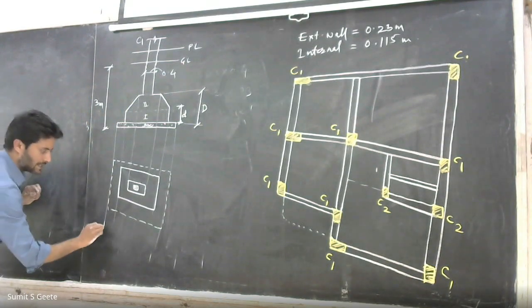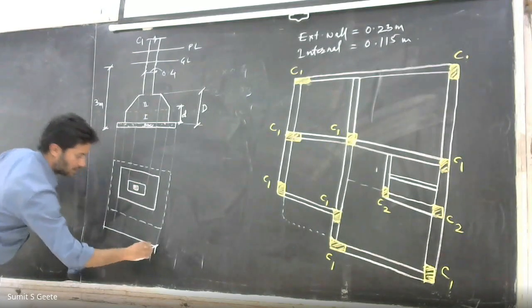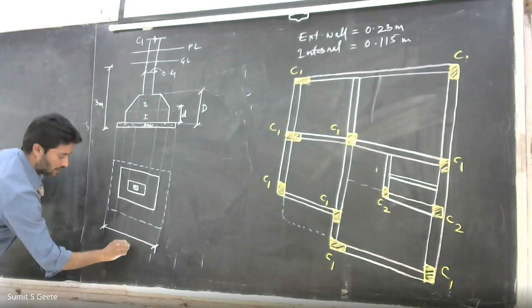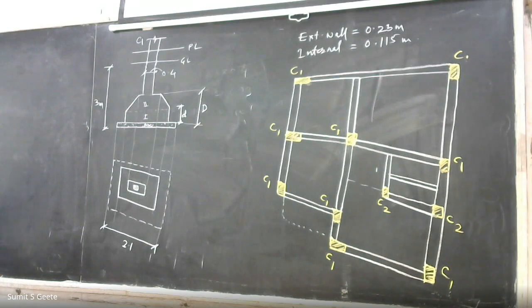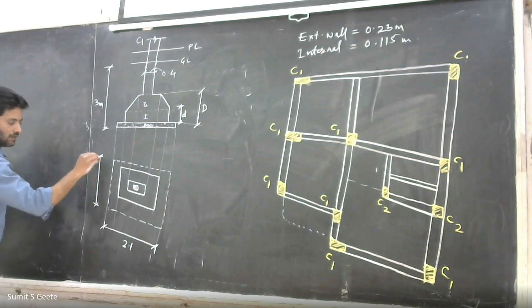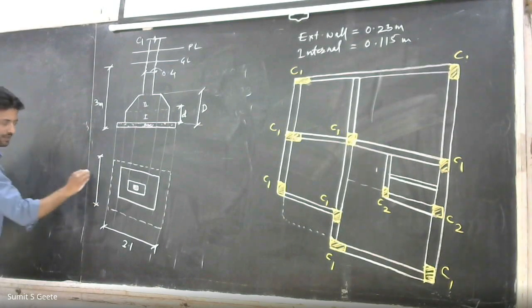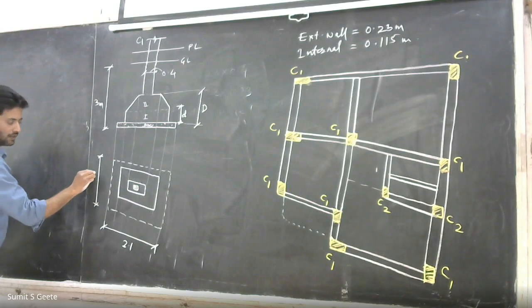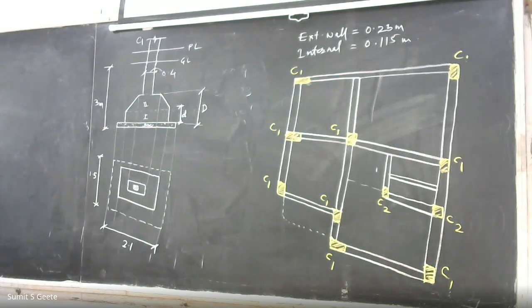So therefore this size is 2.1 size of excavation and this size is how much? 1.5 or 1.8? 1.5 size of excavation then.